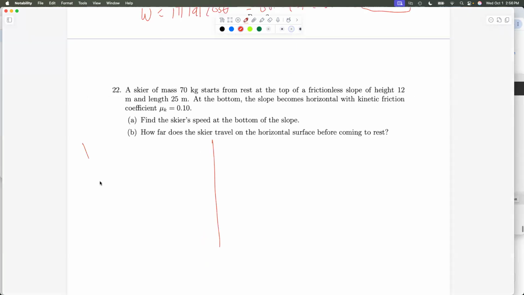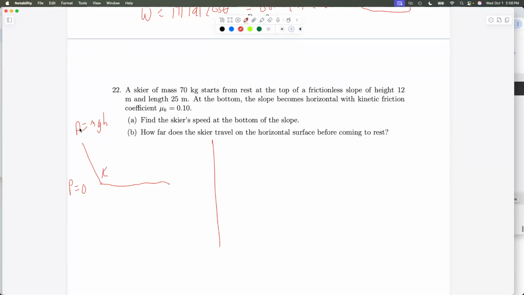So we've got some slope here, and then it levels off. Up here, we're going to have some potential energy. If I call down here potential equals 0, my potential will be mgh up here. That's all converted into kinetic right here.